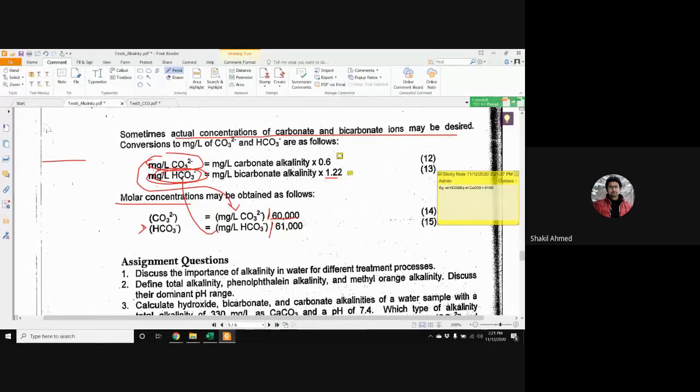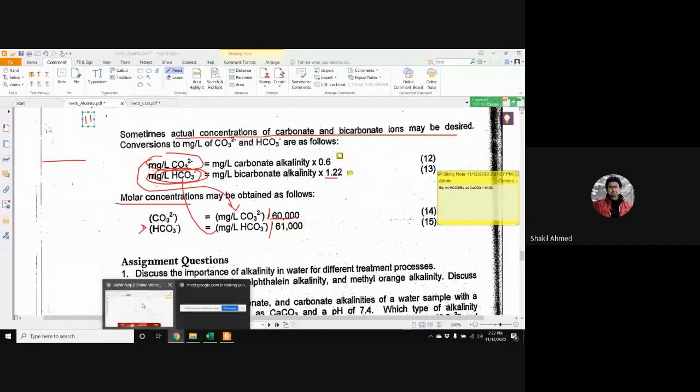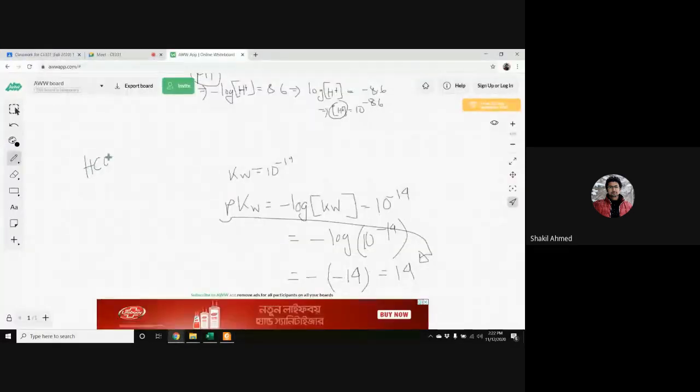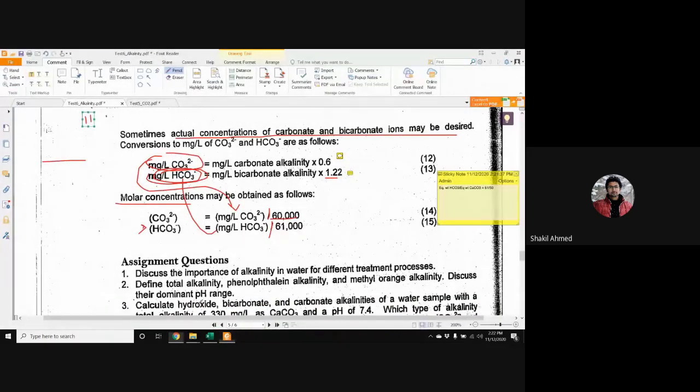Bicarbonate, HCO3 minus: 1 plus 12 plus 48, am I right? 61. What is the valency? 1. So 61 by 1, 61.